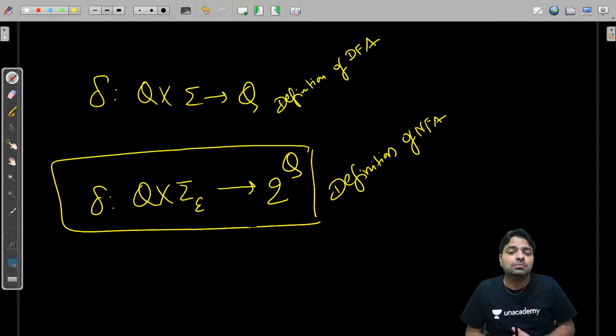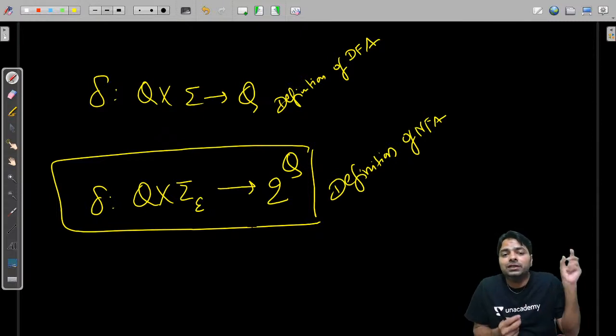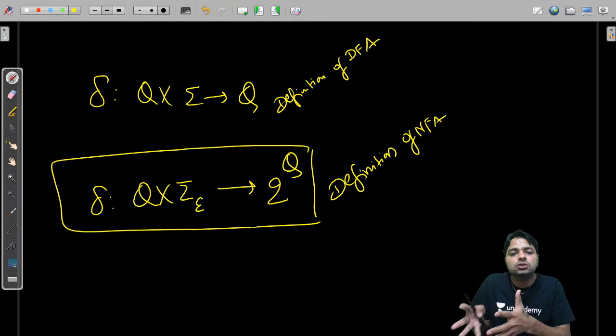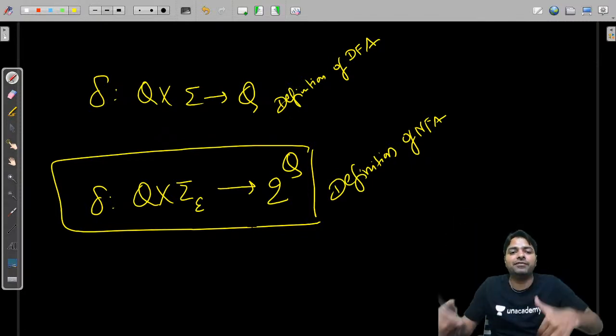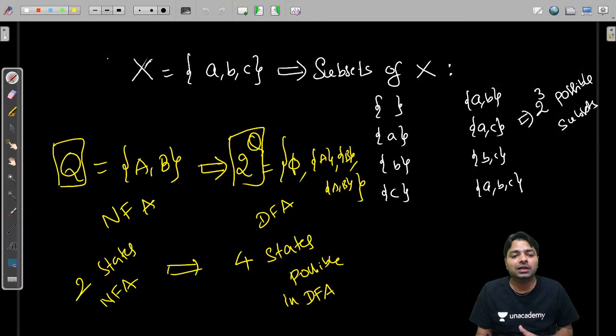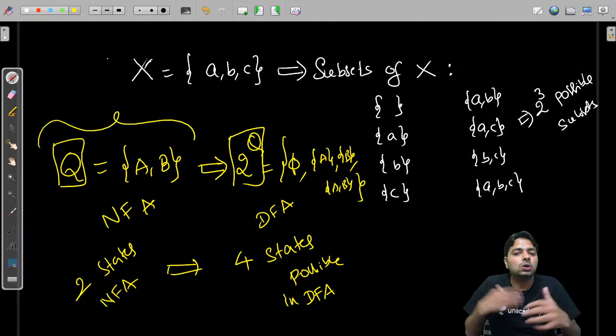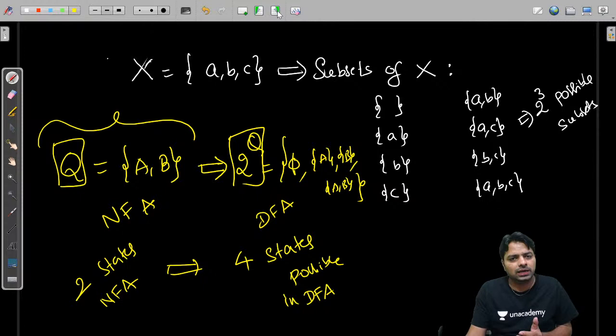I have seen some students keep asking, sir, what is the difference between this 2 power Q and that 2 power Q? This 2 power Q is the possibilities of covering the transition from every state for every input symbol in the machine. This NFA definition is about how to cover the transitions. So don't compare this 2 power Q.